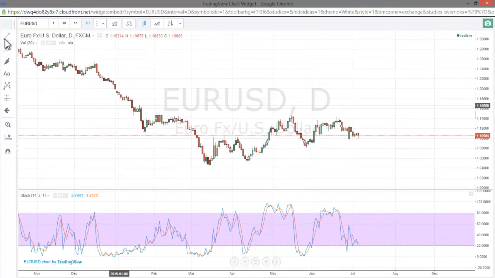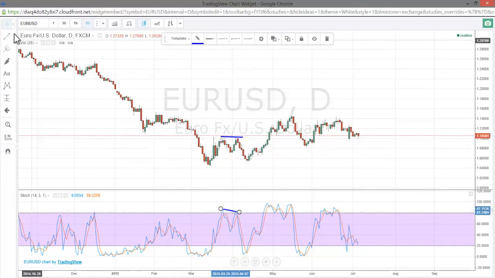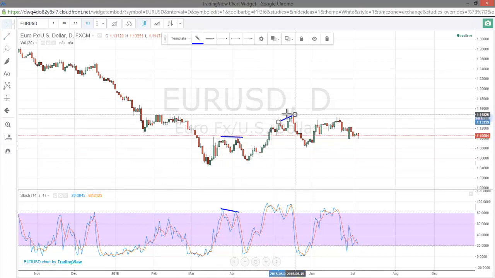So yeah, look, just before we go, there you go, another indication of divergences. This is not as strong as the other ones, but this is a good one here. So that's pointing up, and this is sort of flat.